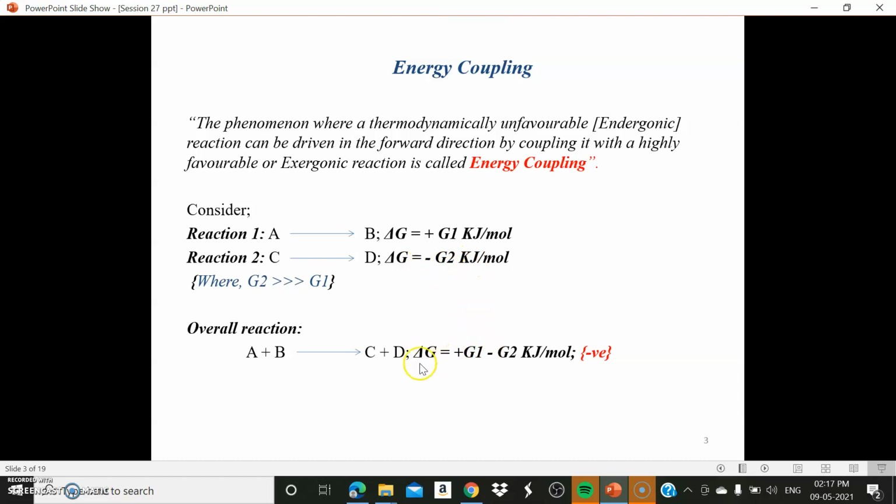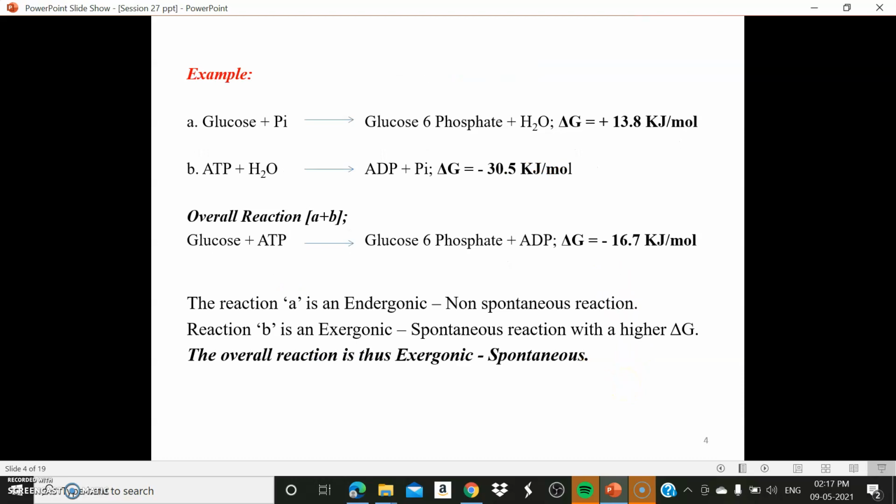So totally, when delta G becomes negative, you have already learned the reaction is favorable, exergonic, that is a thermodynamically favorable reaction. Such types of reactions are known as energy coupling reactions.